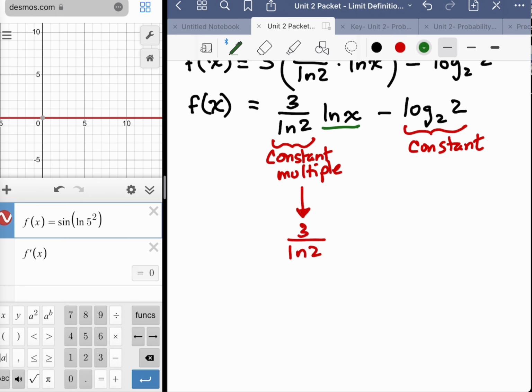The derivative of the natural log of x is 1 over x, and a constant goes to 0. So we actually have our answer, f prime of x is going to be 3 over x ln 2.